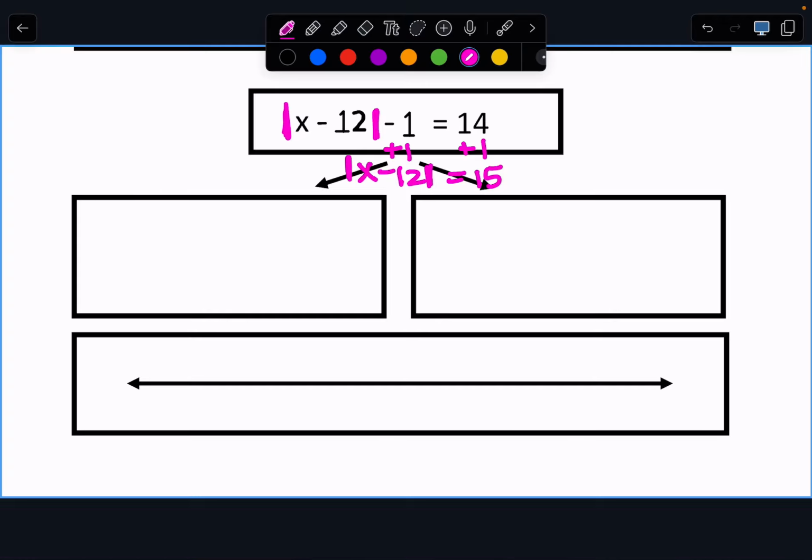Okay. So if the absolute value of x minus 12 is 15, then x minus 12 equals 15, or x minus 12 equals negative 15.